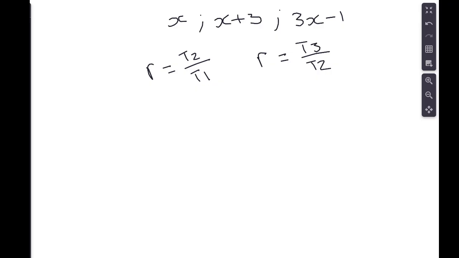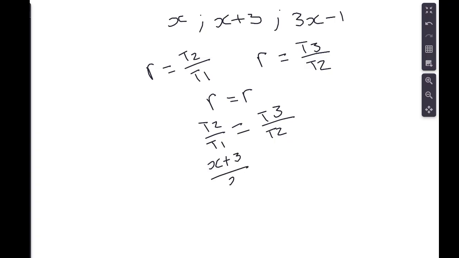Okay, now if we say that r is equal to r, we say that T2 over T1 is equal to T3 over T2. Okay? What we are essentially saying is that x plus 3 over x is equal to 3x minus 1 over x plus 3.